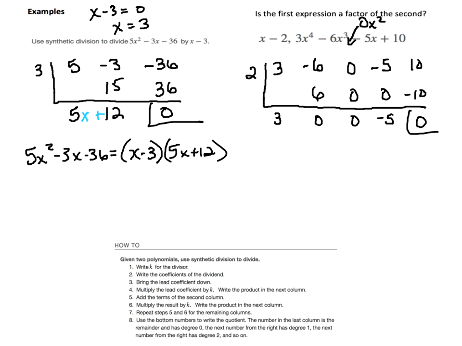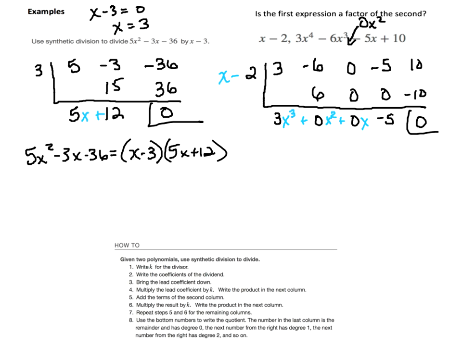Now, I started with a quartic, or a polynomial raised to the 4th power. I took out a factor of x, and I'm left with an x cubed. I have 0 x squares, 0 x's, minus 5.